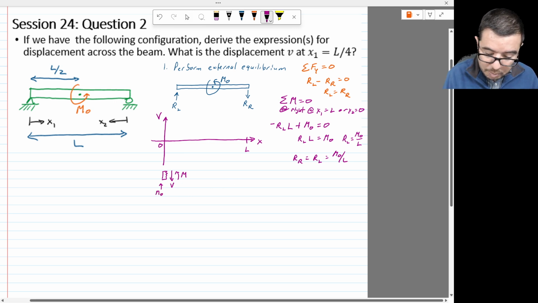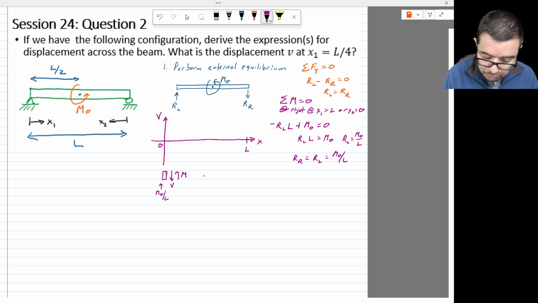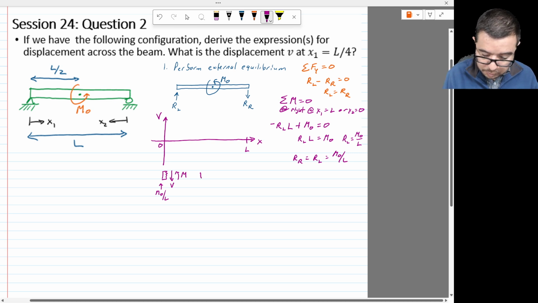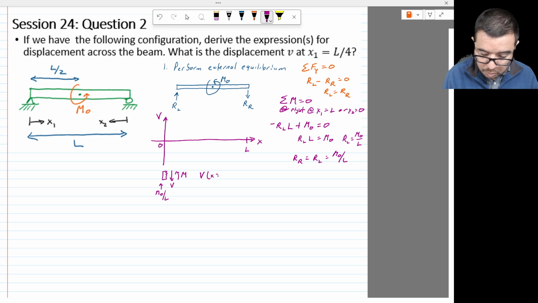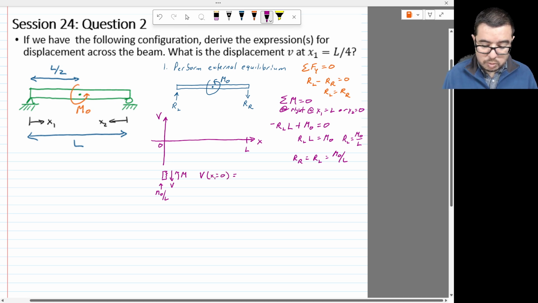So we have M naught over L, and that means that the V at the left side, so we'll say x1 equals 0, is equal to just this M naught over L. You see that? Because we have them in opposite directions and there's no bending moment here, so that's got to be what it is.